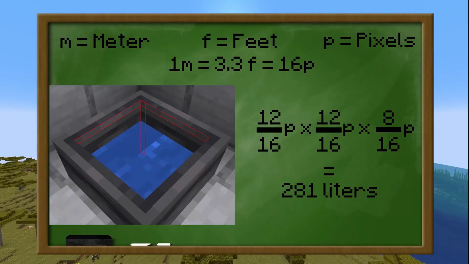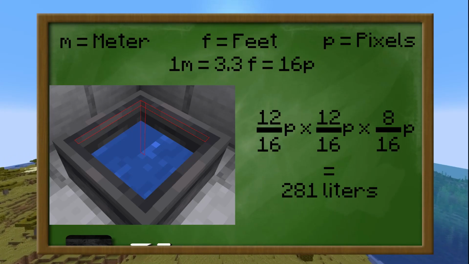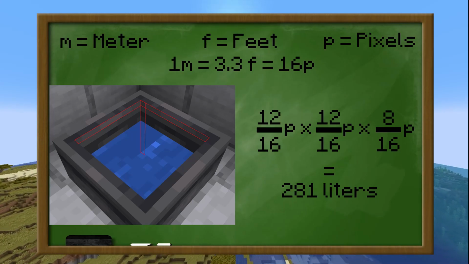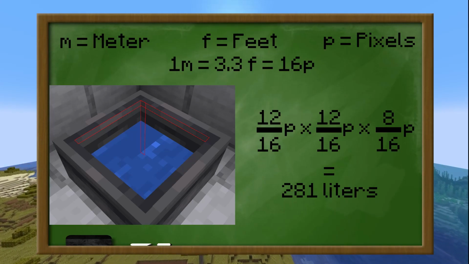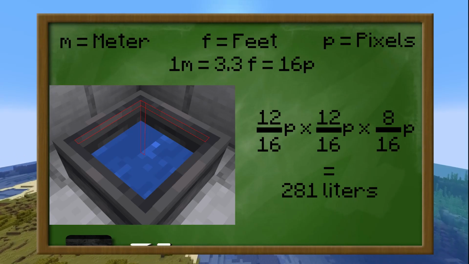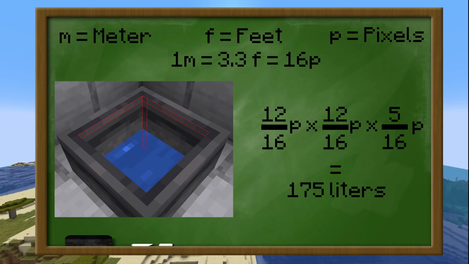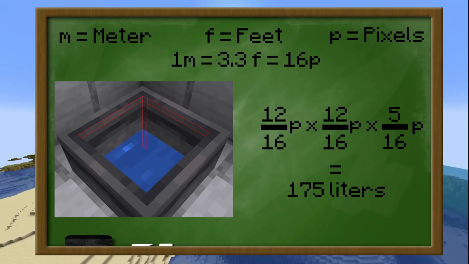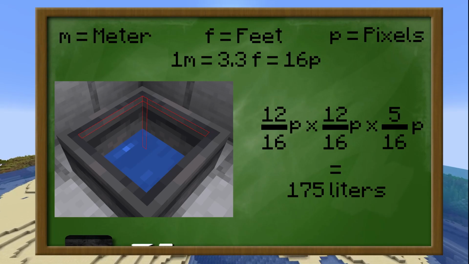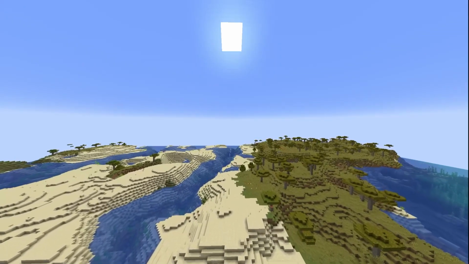The second stage will be calculated as this nonsense, because I'm not gonna repeat myself over and over, which is 281 liters. And the last one is the one with the 5 instead. Then it will be 175 liters. But here's the thing.